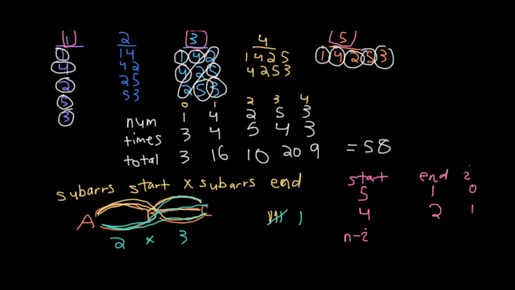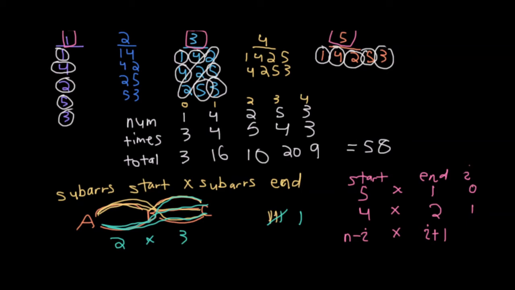When i is 1, 5 minus 1 is 4. The number of subarrays that end with that value is i plus 1. When i is 0, we have 1 choice. When i is 1, we have 2 choices, and that just scales linearly like that.